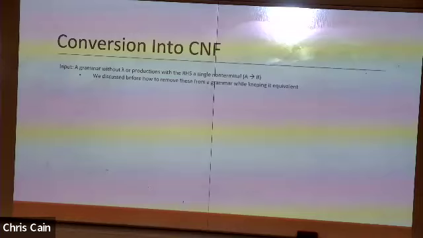So we've discussed before methods for removing these from a grammar and keeping it equivalent. So the input to this just assumes that those prior methods have been done and the grammar is in this associated form.